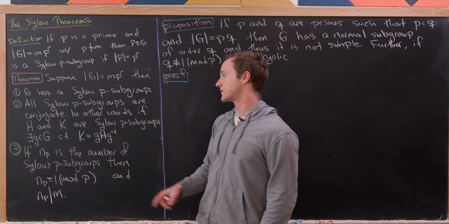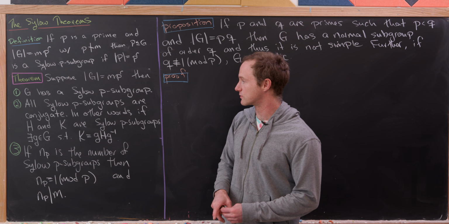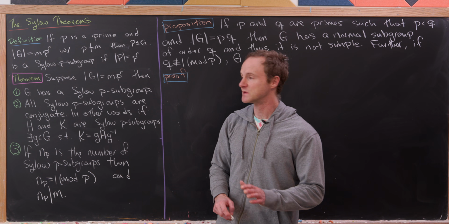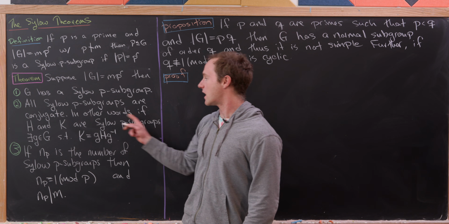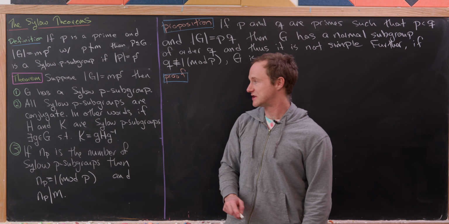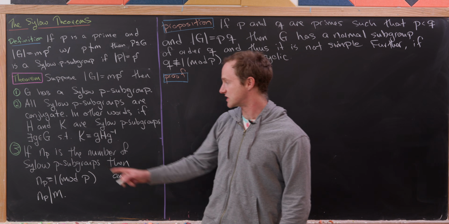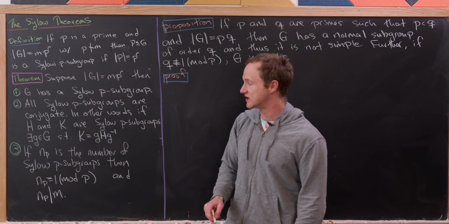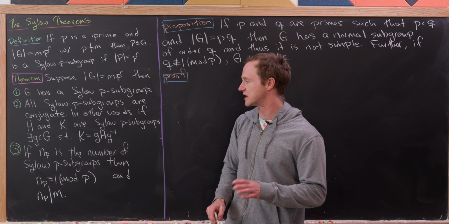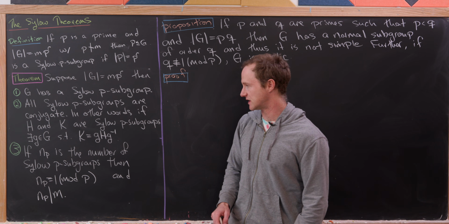The second Sylow theorem says that all Sylow p-subgroups are conjugate. So what does that mean? In other words, if we have two of them, H and K, then there exists a g in G such that K is gHg inverse. It's the conjugate of H with little g.